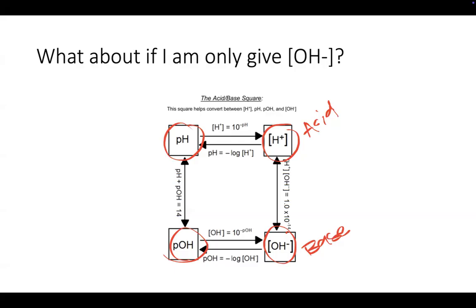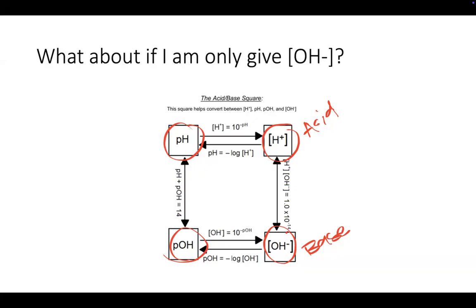Basically, pH is a log measurement of the amount of acid, and pOH is the same, but for base. Together they should add up to the number 14.